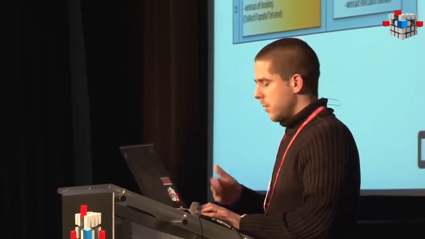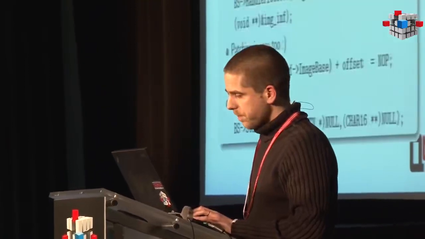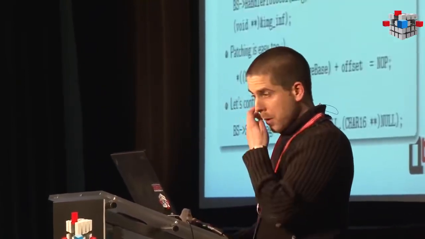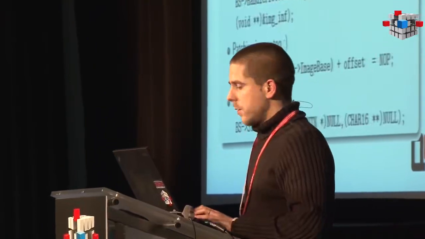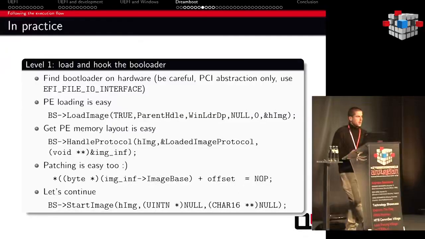So it will be easier in our hook to put a second hook on WinLoad itself. In practice, it's quite easy. In this first stage, we can develop the bootkit in C language. There is no problem with memory-independent code, so we can use the firmware API directly.